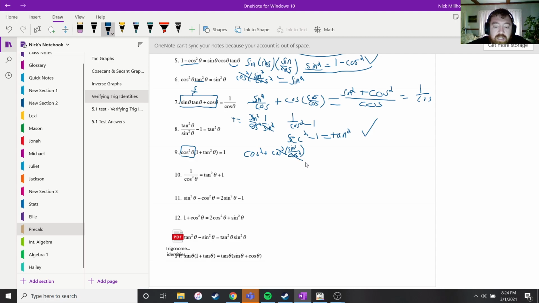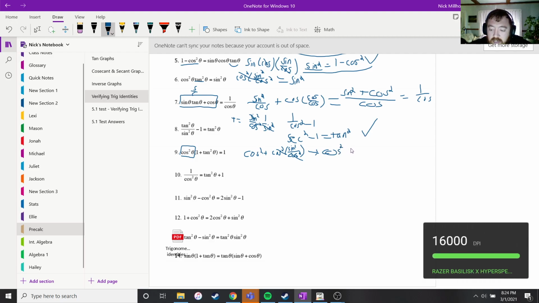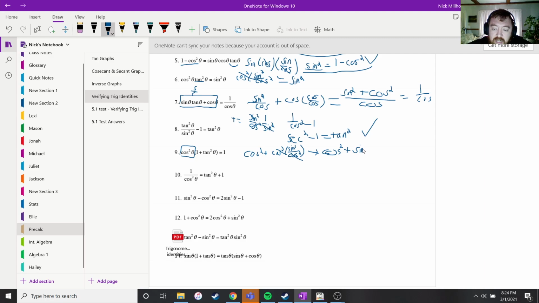Now these will cancel out, so then you're just left with cosine squared plus sine squared equals 1. The Pythagorean identity tells us that cosine squared plus sine squared is 1, so 1 equals 1. This checks out.